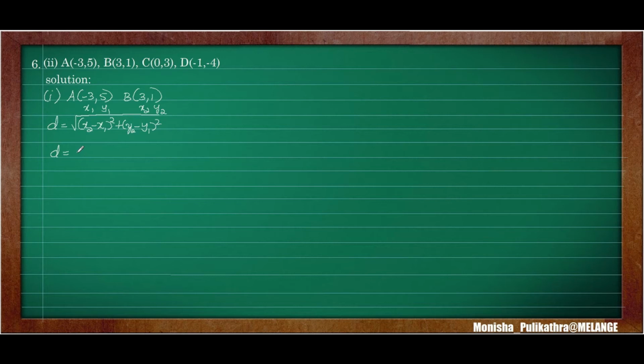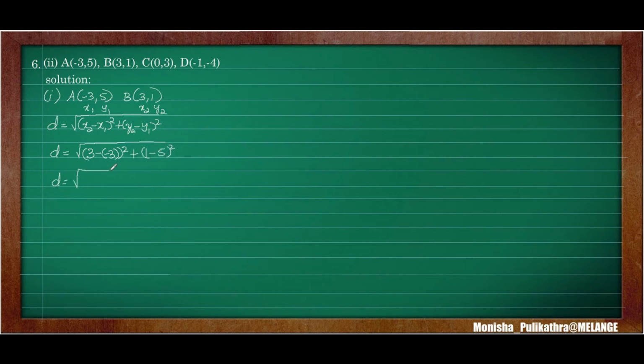So x2 is 3 minus x1 which is minus 3, plus y2 is 1 minus y1 which is 5.